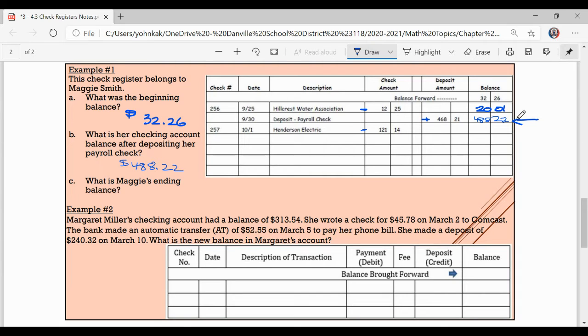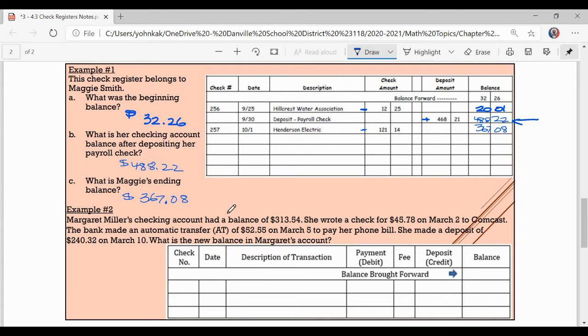So if I do $488.22 minus $121.14, I get $367.08. That's going to be my ending balance. So you just need to remember that checks get subtracted and deposits get added.